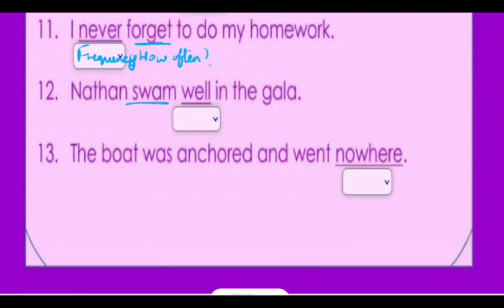How did he swim? Well. So how is adverb of manner. The boat was anchored and went nowhere. The boat was anchored and went where? Went where, children? Went nowhere. So adverb of place.